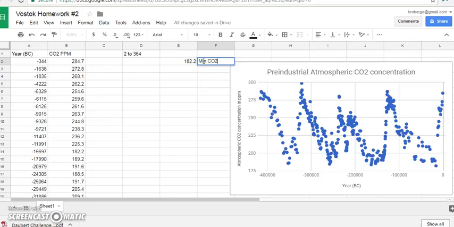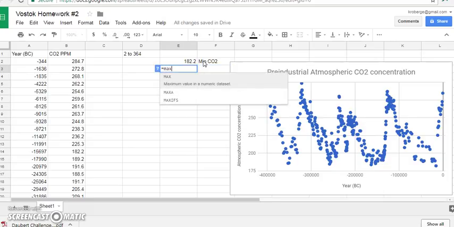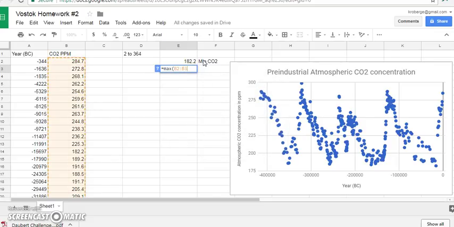So that would give me the min CO2. It's in ppm. If I want the maximum, it's MAX, maximum value, parenthesis, B2, colon B364, parenthesis, gives me the maximum value.